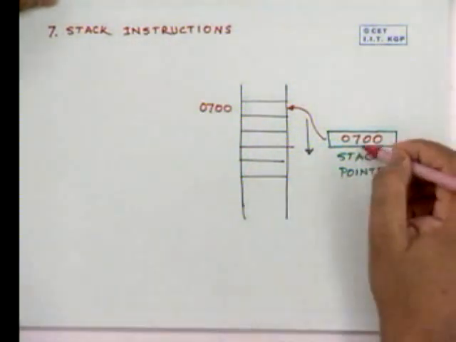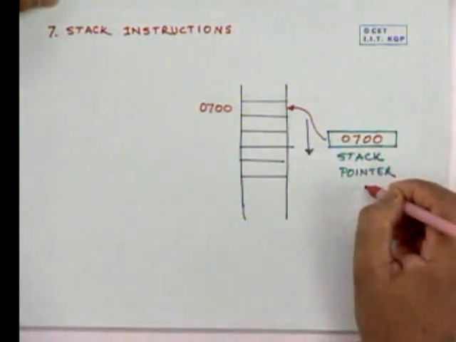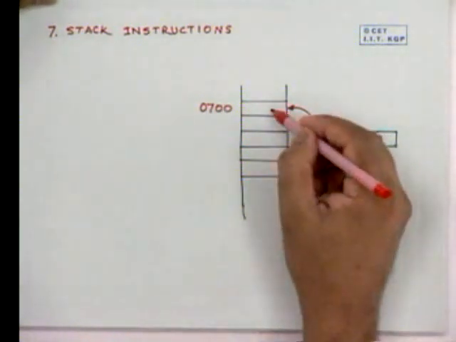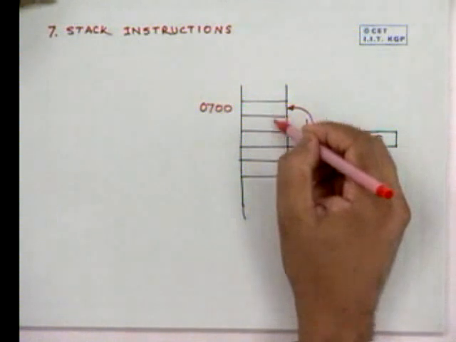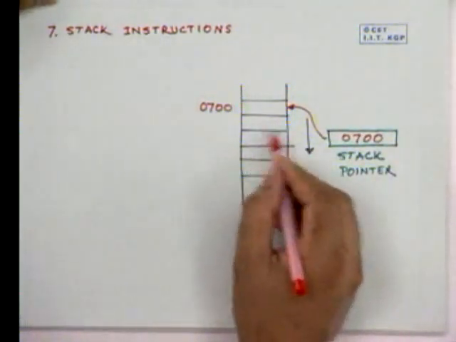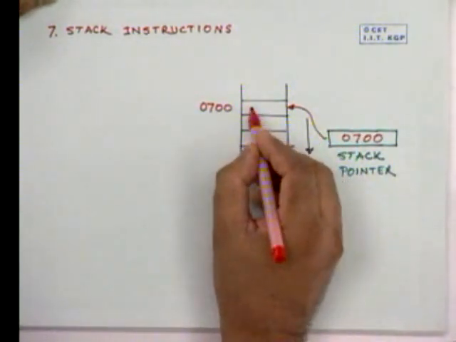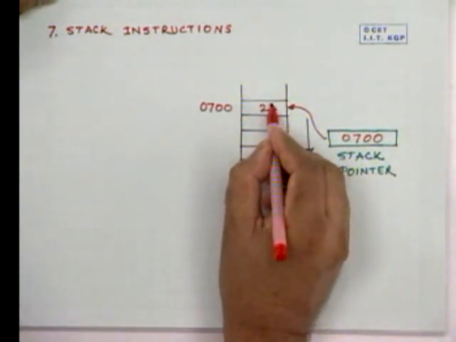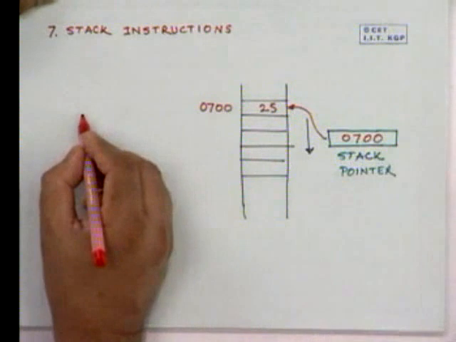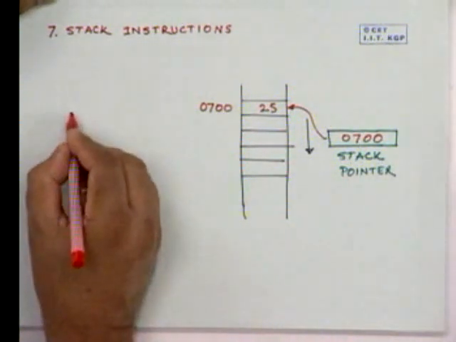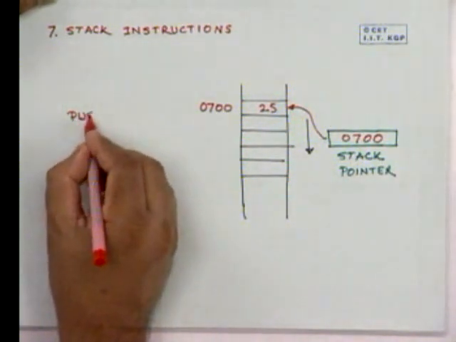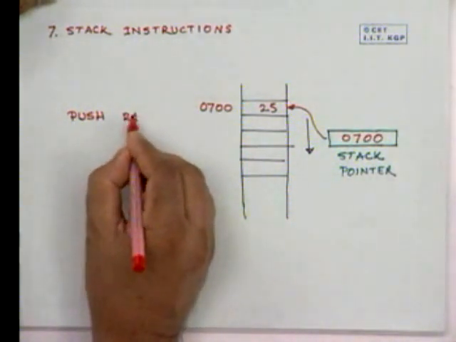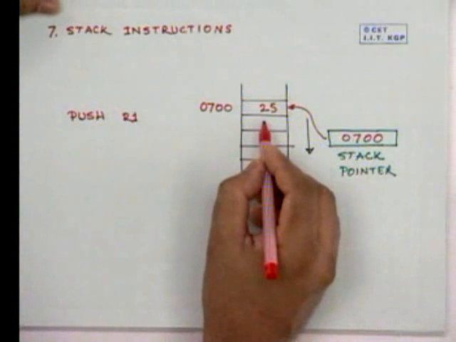Now as the stack pointer increases or decreases, the top of the stack grows and it crashes. For example, suppose this is the top of the stack and the content of the top of the stack is say 25. Now there is an instruction which we call the push instruction. If we say push R1, then the content of R1 will be pushed onto the stack.